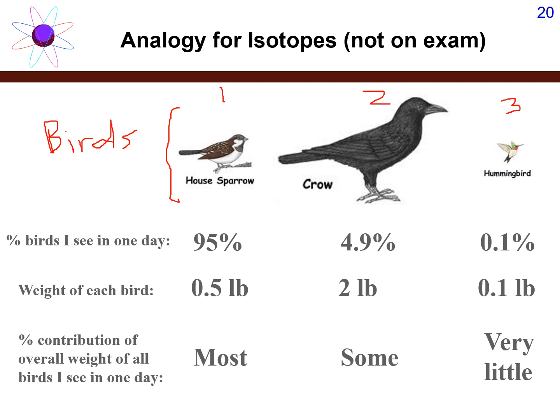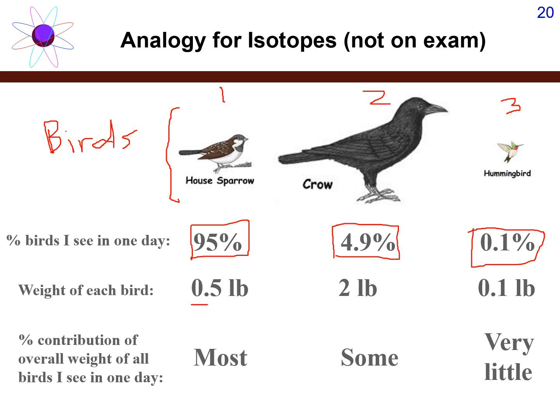And so if I sit outside all day and calculate the percentage of birds that I see, let's say on this day I saw 95% sparrows. Only 4.9% of the birds were crows, and then 0.1% were hummingbirds. So I see fewer hummingbirds than sparrows, and fewer crows than sparrows. Sparrows are basically everywhere.